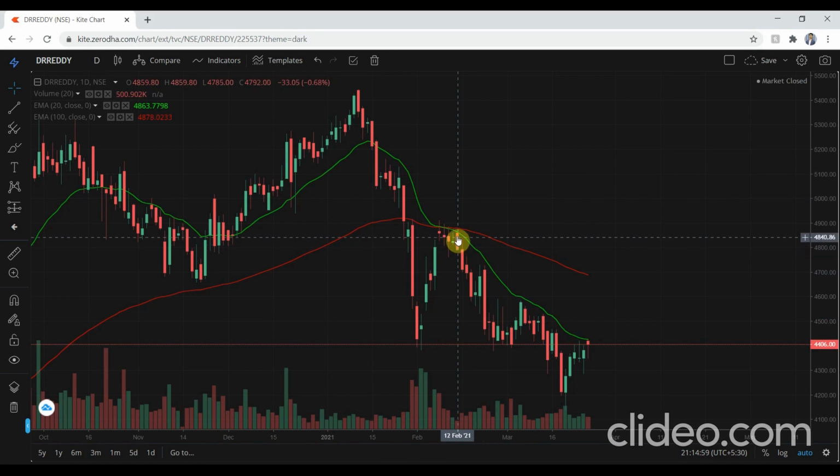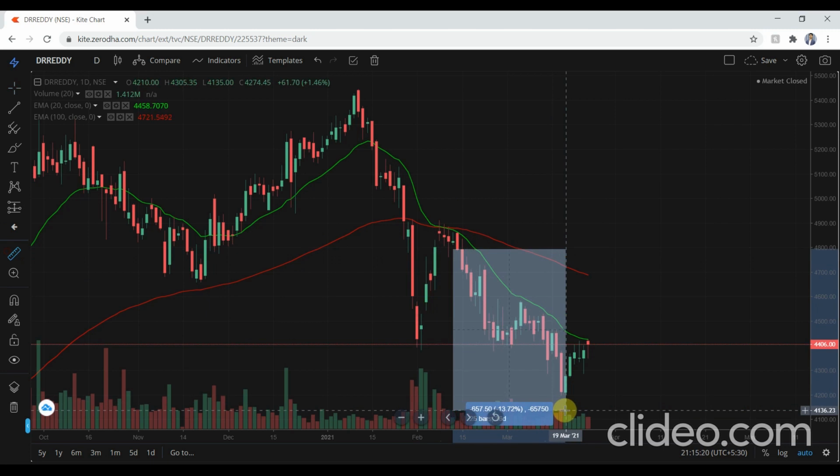See, if we would have caught this stock where the 20 EMA crossed the 100 EMA, and we would have shorted the stock, or sold the futures, or sold the call option, or bought the put option, then we would have made a large profit from this stock. Just for fun, let's calculate that.